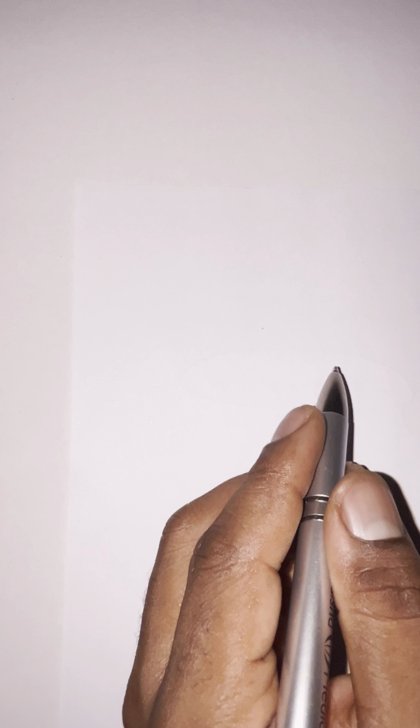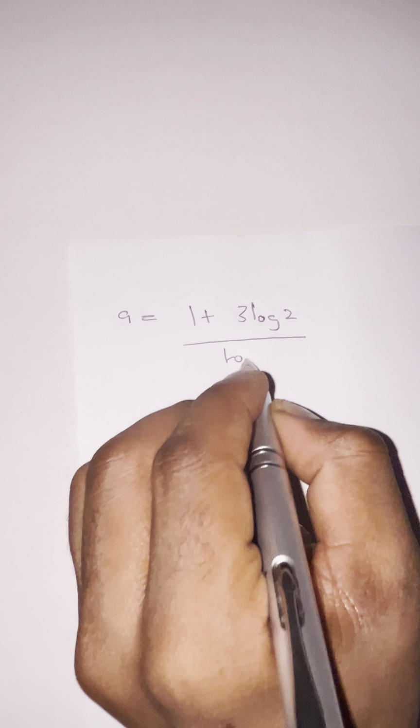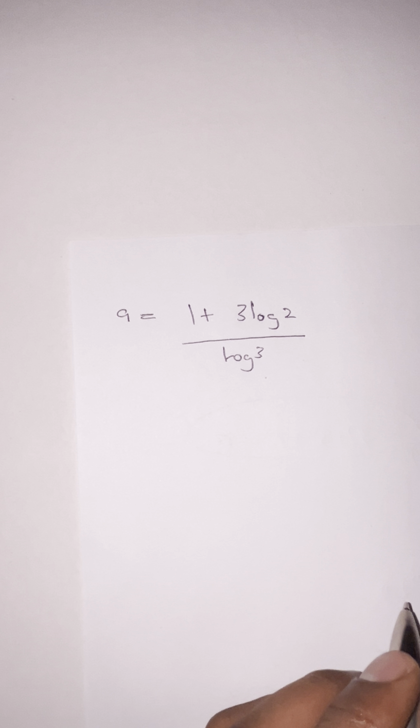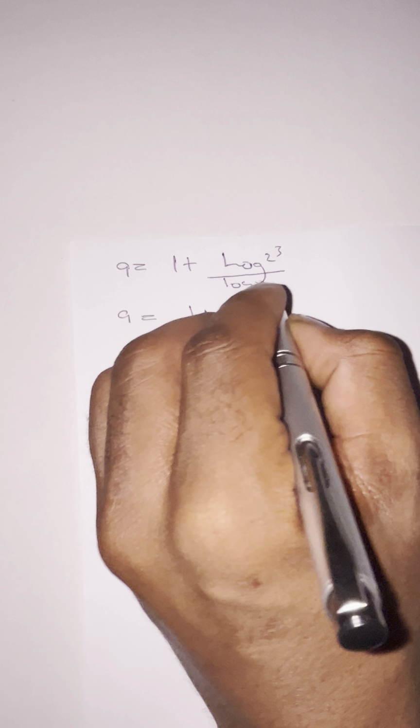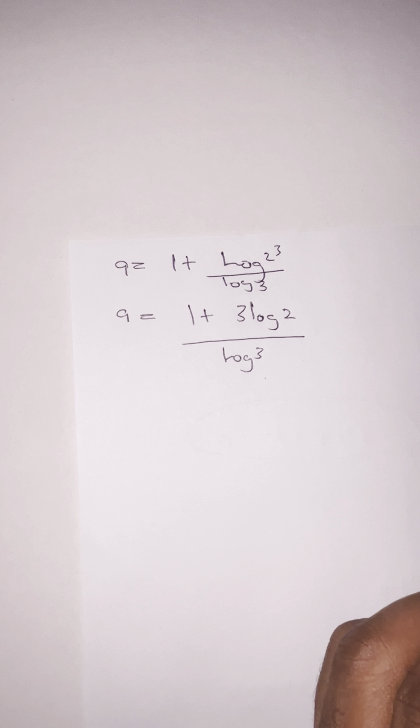We are here. a is equal to 1 plus 3 log 2 divided by log 3. Remember, we are coming from a is equal to 1 plus log 2^3 divided by log 3. So the law of exponent allows us to do this.